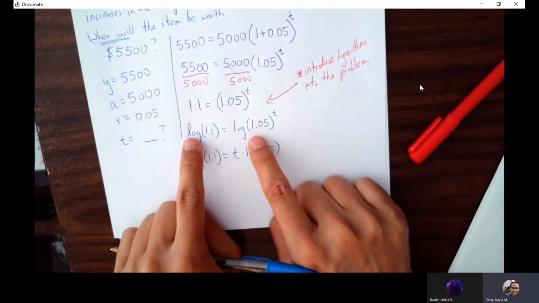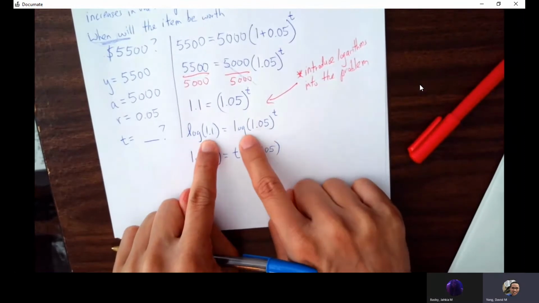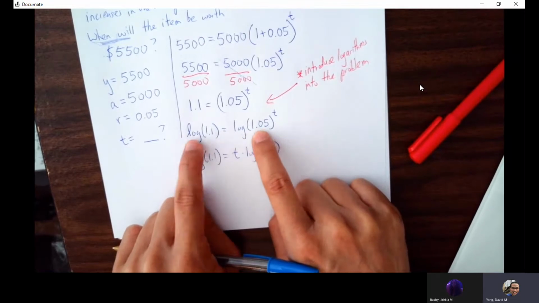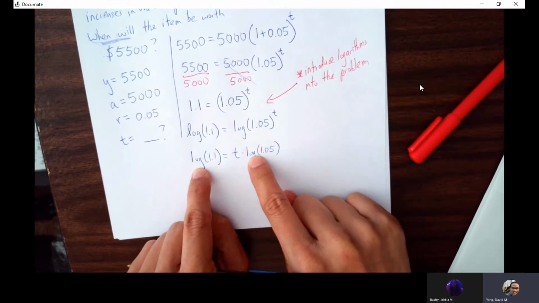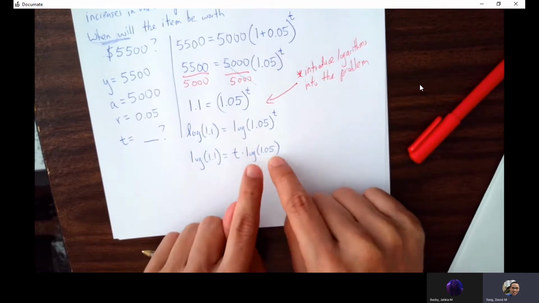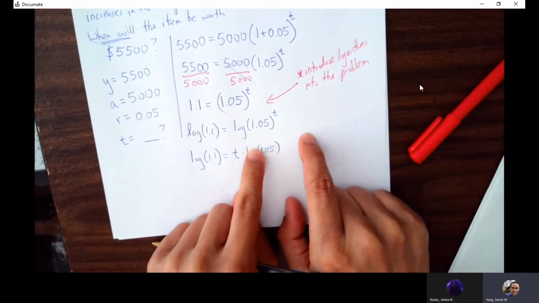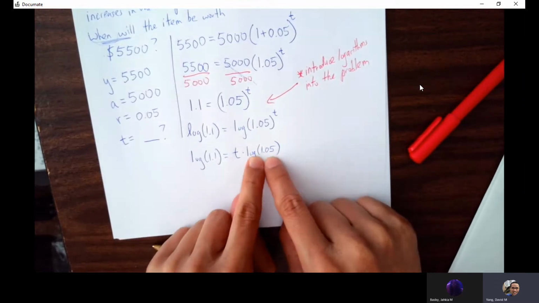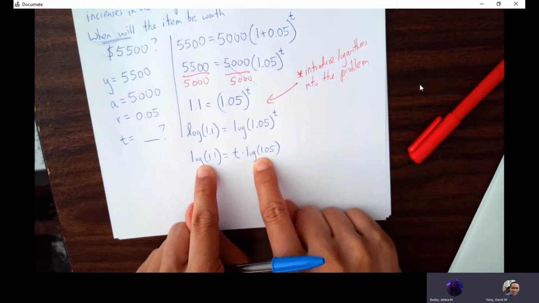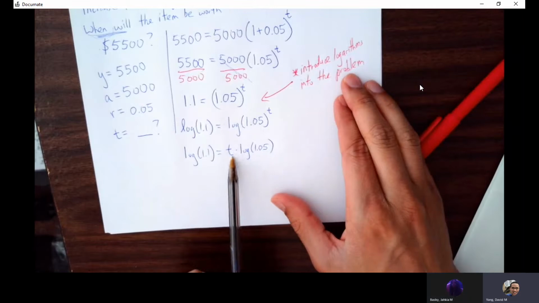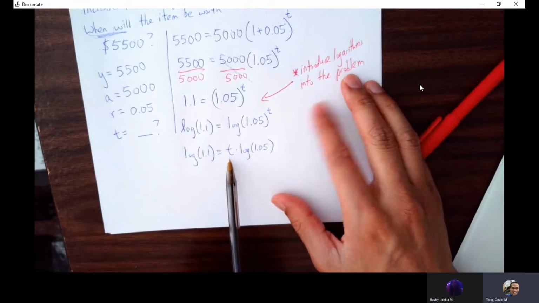Now, remember, this is not log times 1.1. This is not log times 1.05. This is log of 1.1 and log of 1.05. These are values inside the log function. Log is not a standalone thing; it's one package deal. But you see how that t is now easier to work with?